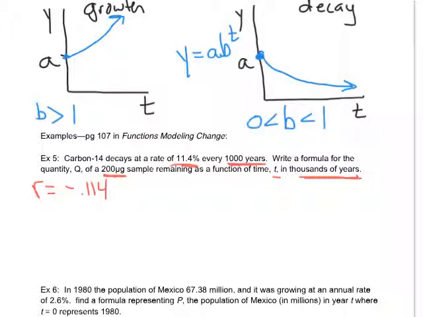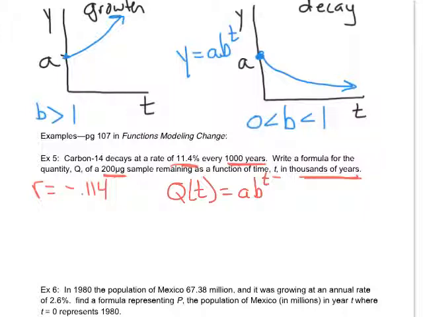And when I think about my original formula, in this case, when I have a quantity Q, then I'm going to be fancy. Instead of y, I'm going to say Q is a function of t. That just means the quantity is a function of time. But everything else is the same. A times b, and time is my variable, t.